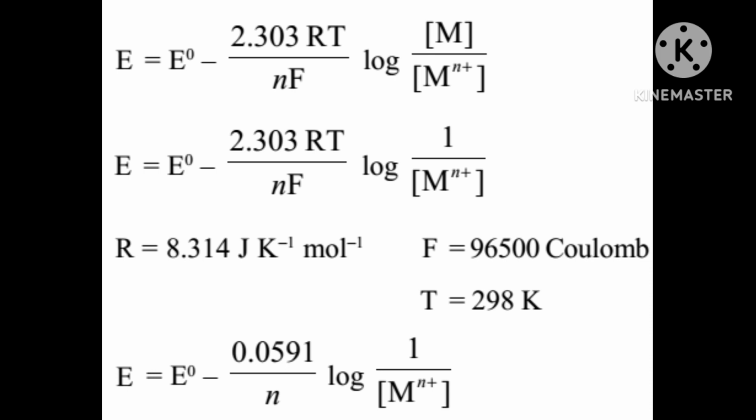One more thing you should be careful about in this expression: nickel is converting into Ni2+, losing 2 electrons, but silver is gaining 1 electron, Ag+ to Ag.